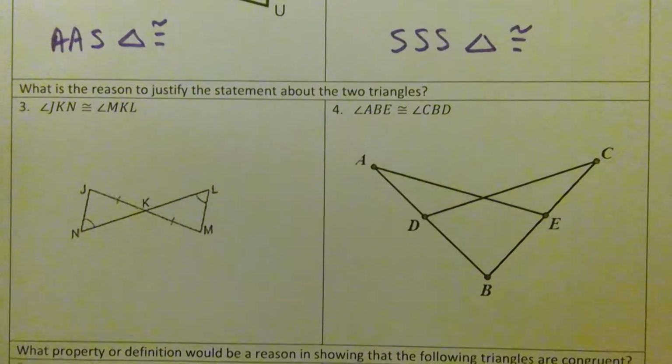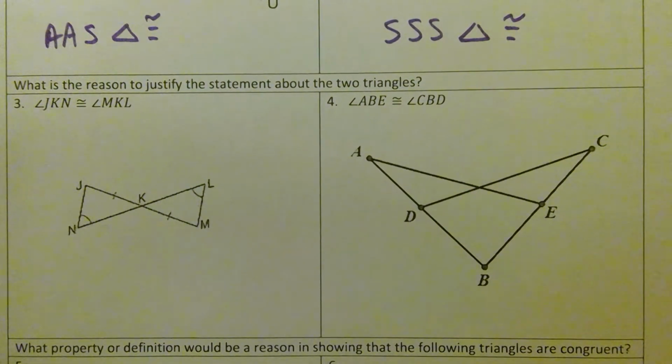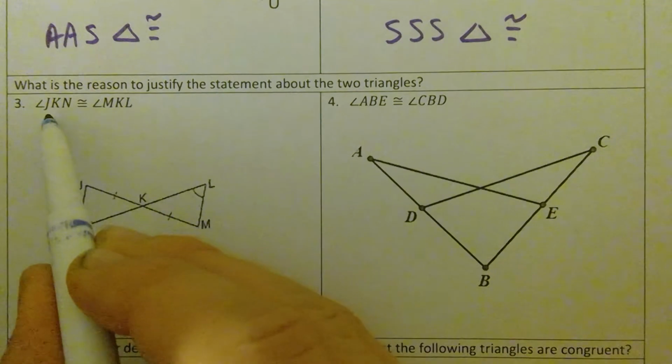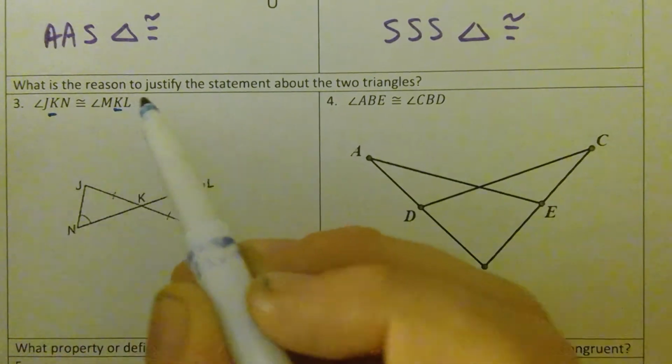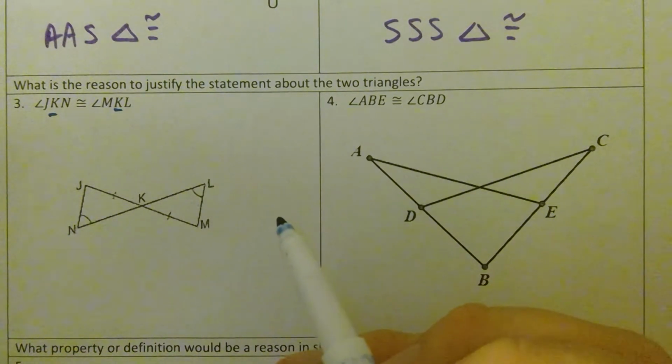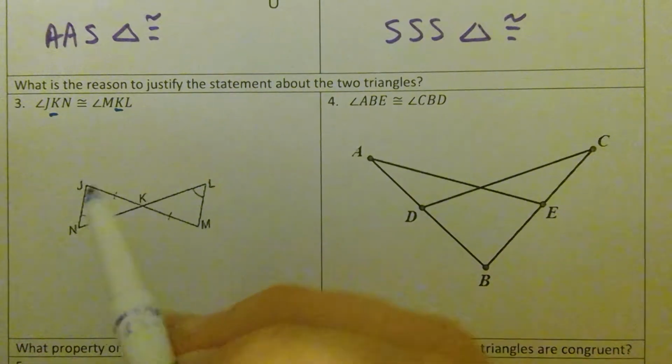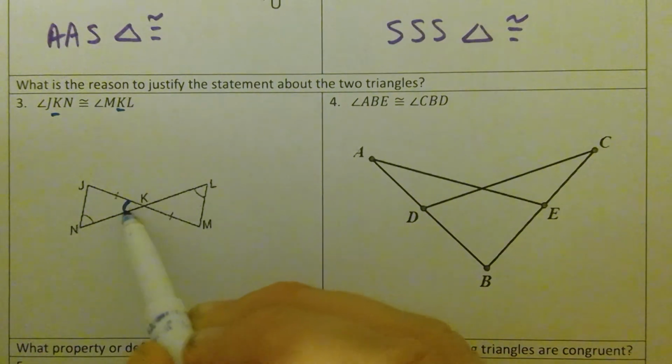Now, let's come down to 3 and 4. And we are asked, what is the reason to justify the statement about the 2 triangles? So, if we take a look here, we have angle JKN is congruent to angle MKL. Now, if we think back to how we name our angles, that middle letter, K in both of them, is going to be the vertex of our angle. So where the angle kind of happens. Okay, so JKN is going to be right here.